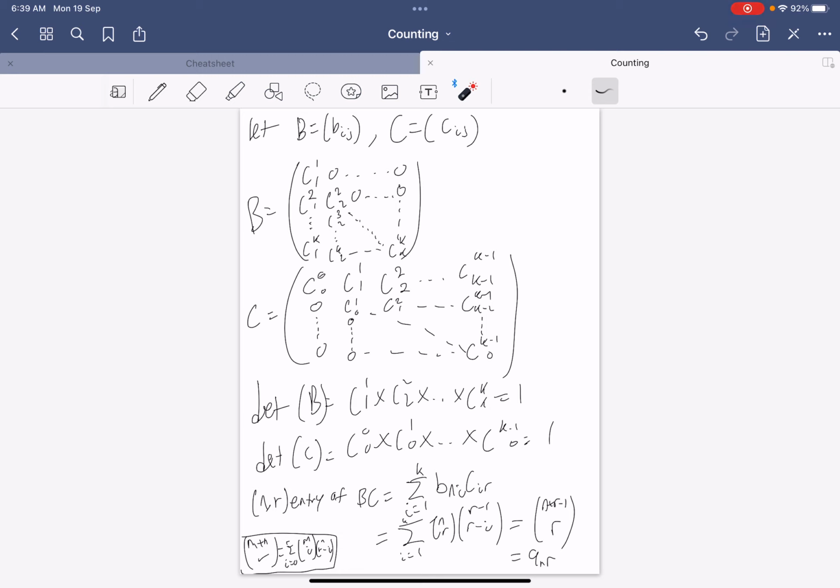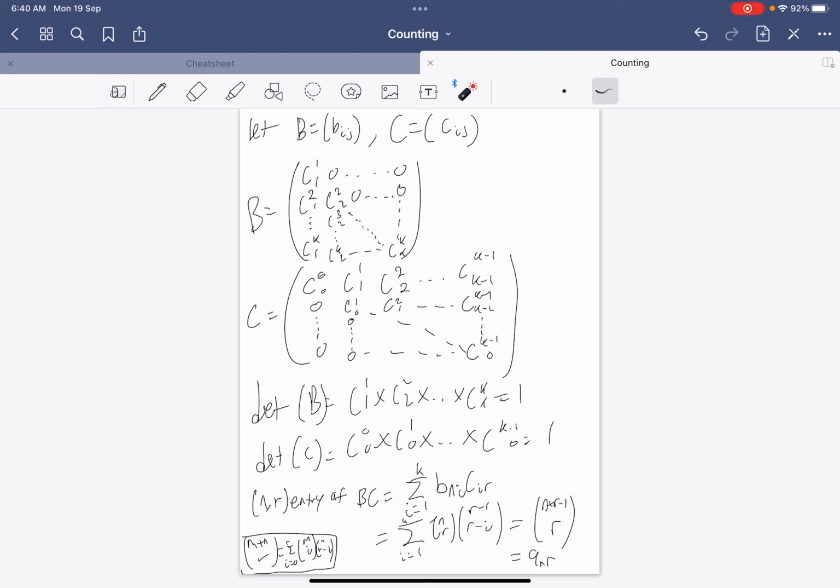it is a triangular matrix where the elements in the diagonal are just r choose r, and below it you just add 1 to the top number, following the top choosing identity.